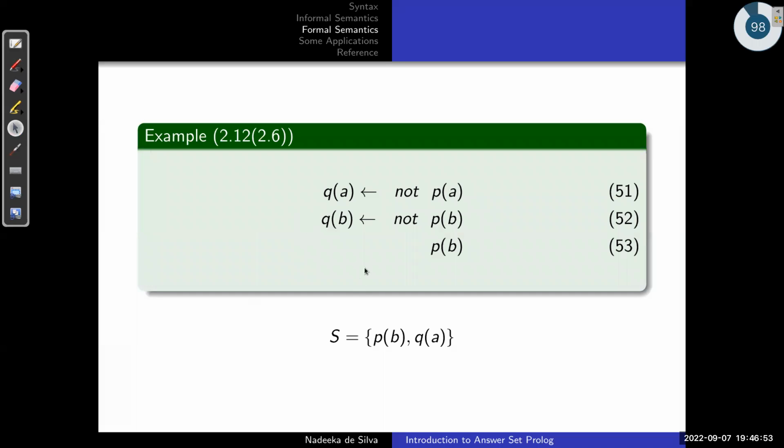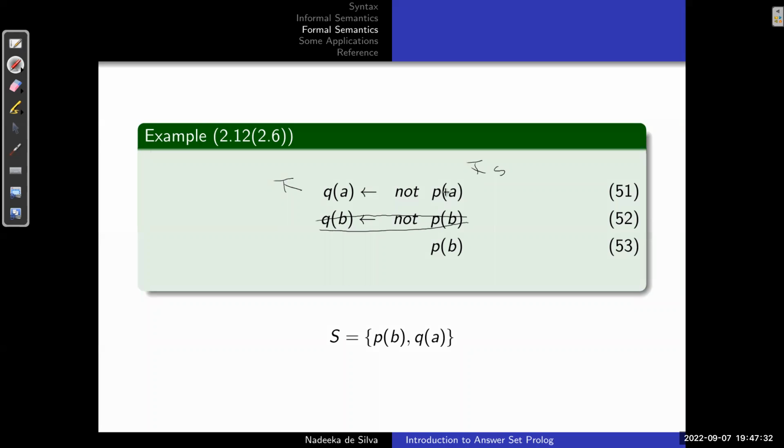Okay, so here we have the previous program, this one, and I know informally this is my answer set, no, from using informal semantics. Now to check it formally, I have to construct the reduct of this, let's say this program is pi. So I have to compute the reduct of pi, a new program pi S. Okay. So PB is in this set, so according to those rules, I have to remove this rule from my new program.